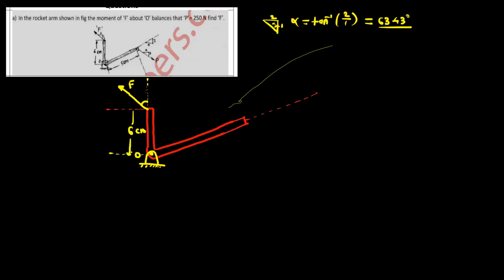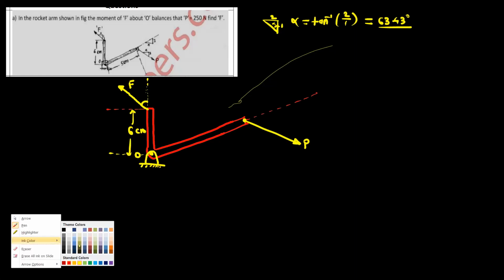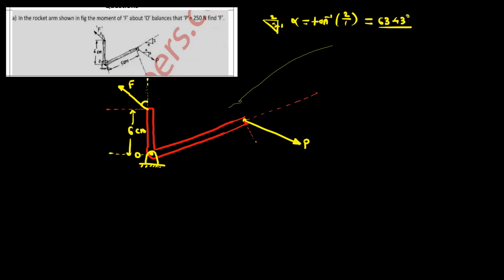Next, at this point there is one force, which is the P force like this. Now the P force is not perpendicular to this line, and it is not along the X and Y axis. So what is given here? This is one line and this is the perpendicular line. Now for this line, its inclination is given with this angle.